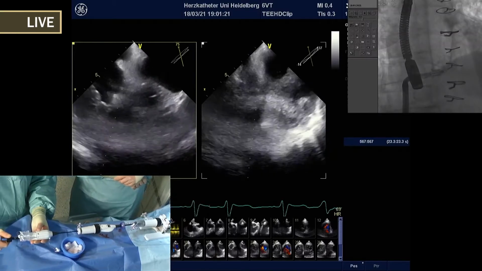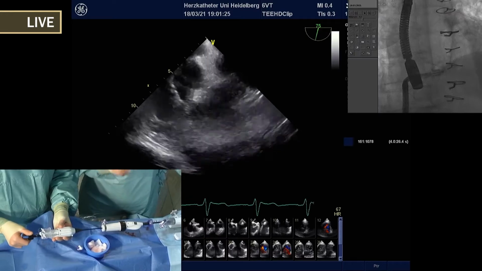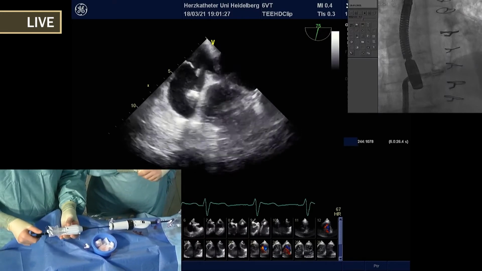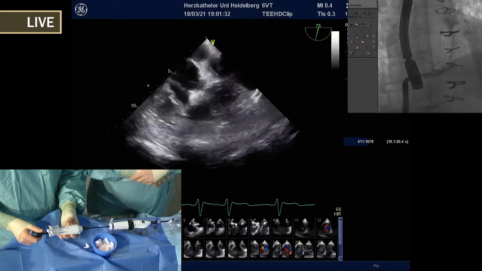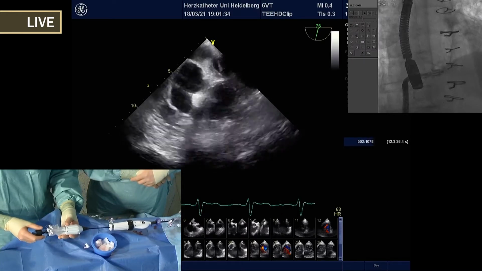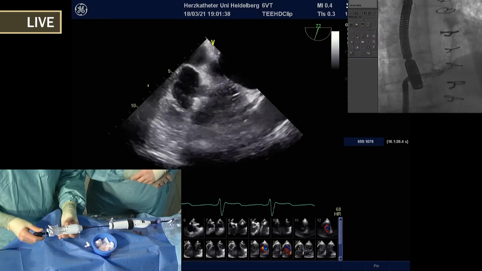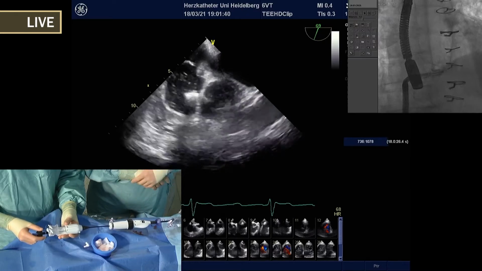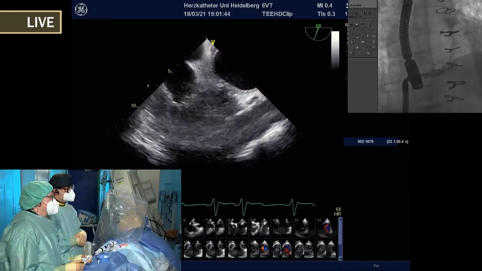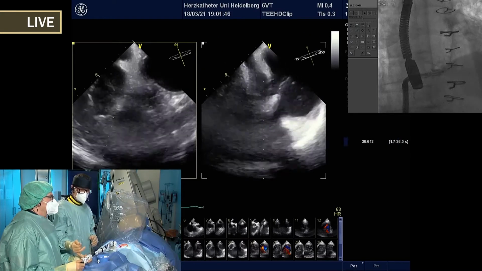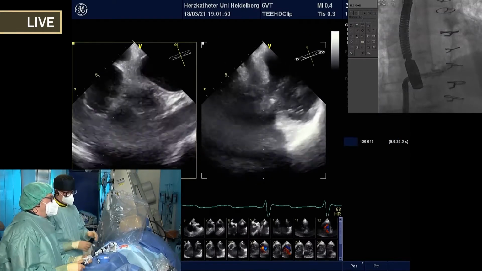Okay, so I think we want to open the device and see which one's the anterior. The PASCAL device has a nice function of independent grasping, which we often use in tricuspid valve disease. That's why at the beginning we like to know which one is the anterior clasp. Usually the one on our side here is the anterior clasp, but we want to see that once before we enter the valve.